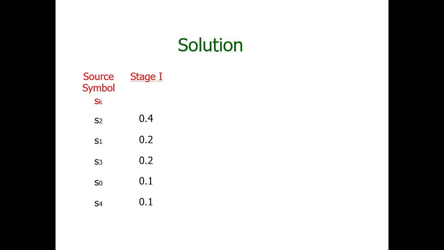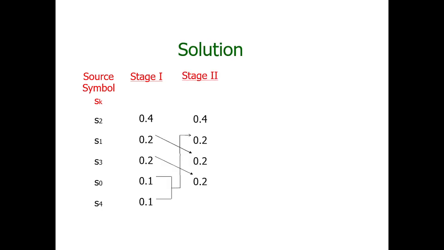We have to take the last two probabilities and add them. In this problem we have 0.4, 0.2, 0.2, 0.1, 0.1. We choose the last two probabilities, which are added, and we get the probability 0.2 here. And next we pick the 0.2 and 0.2 as downwards here.